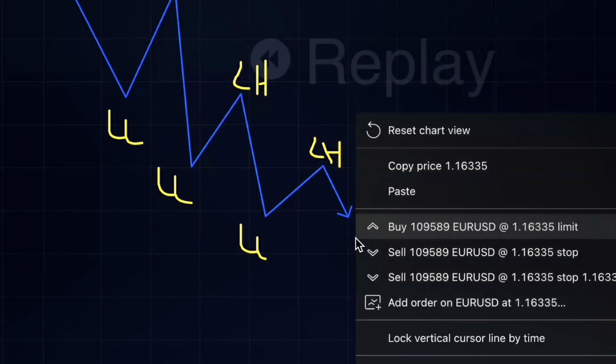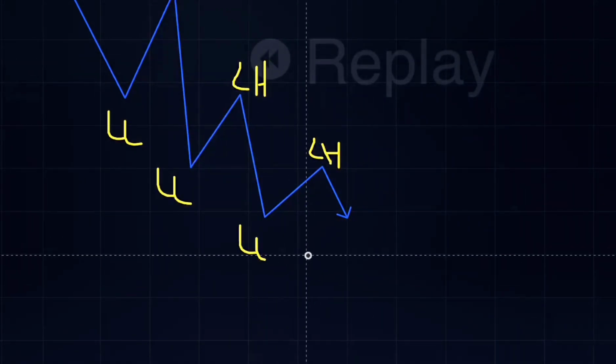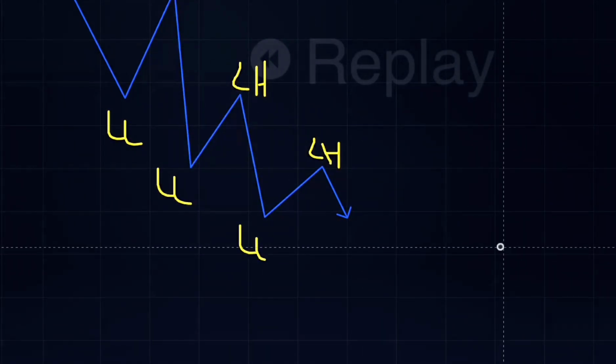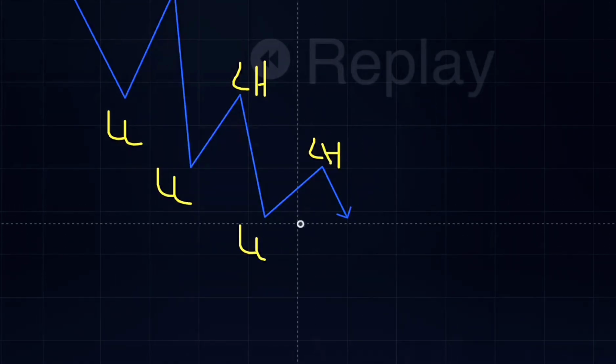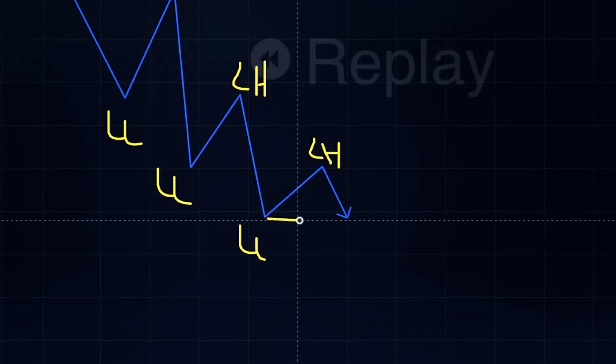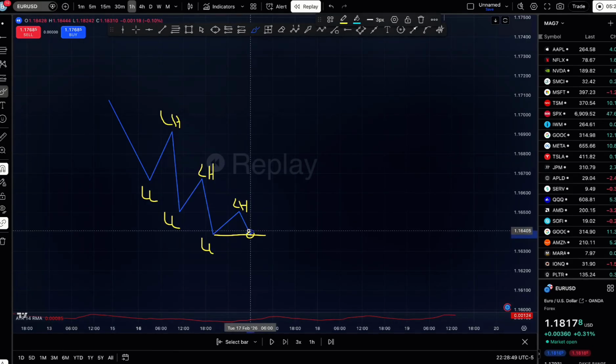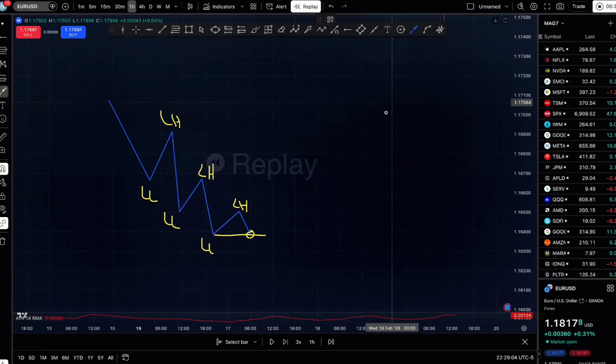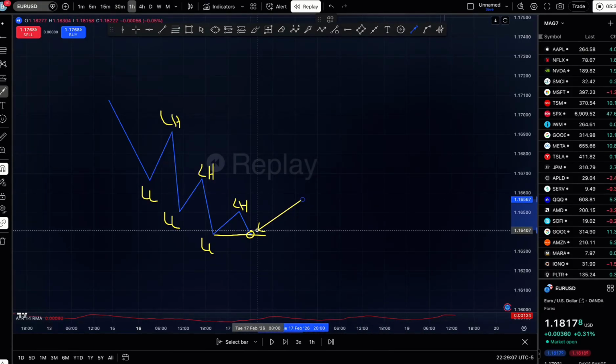The market cannot make another lower low at this level. And this failure is the first real sign that something is changing, okay? And that is the birth of a double bottom.